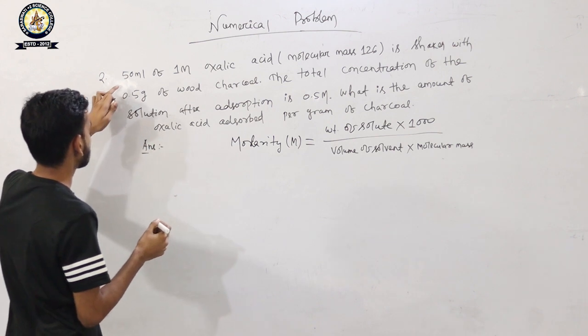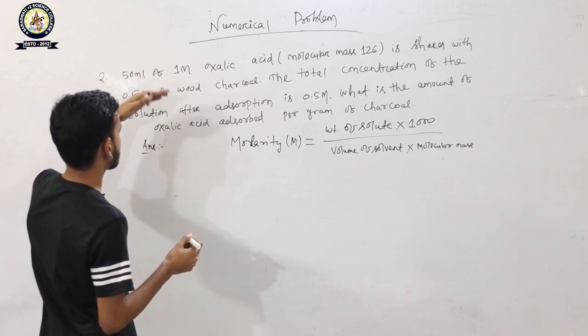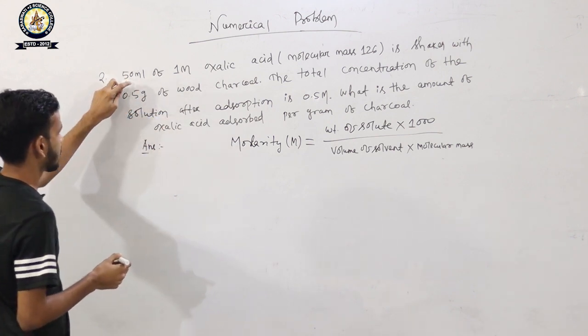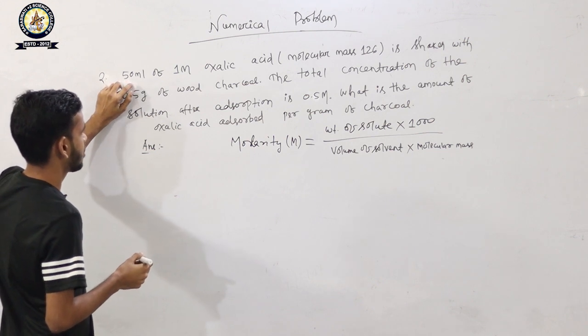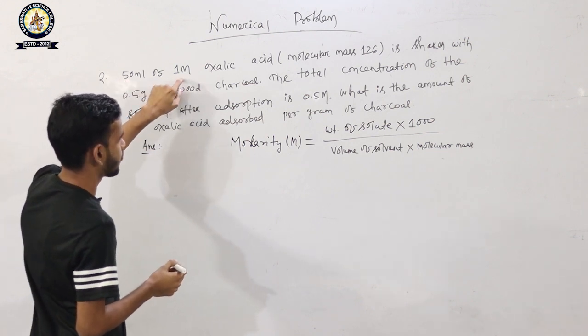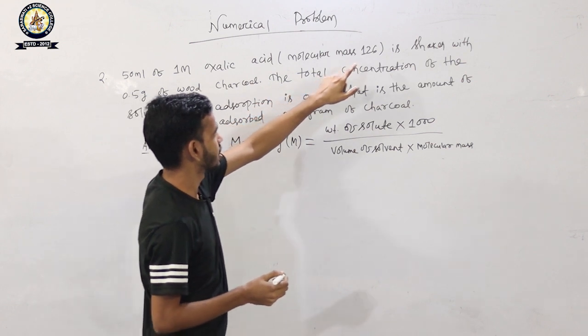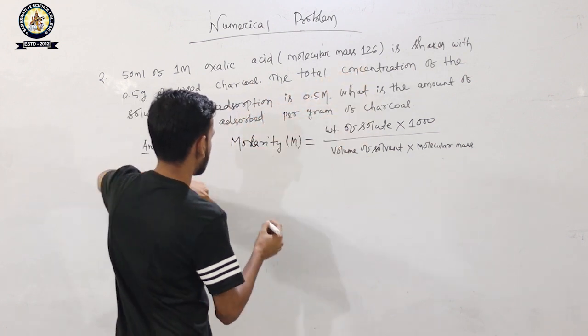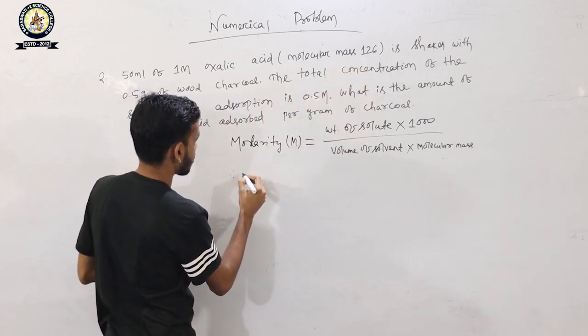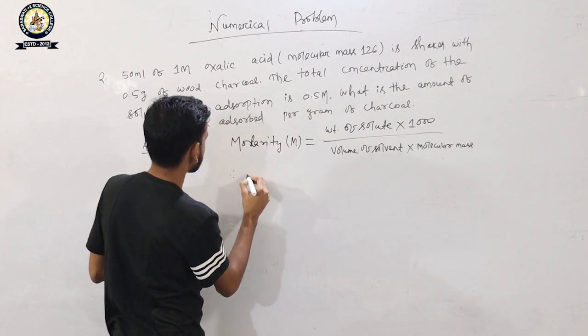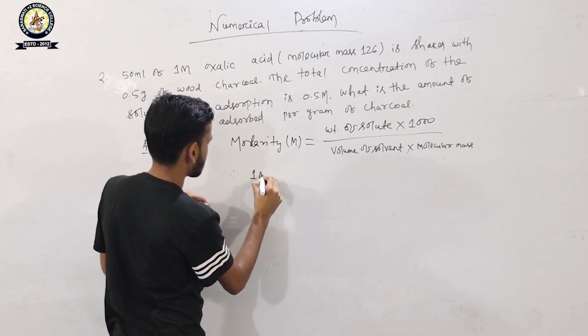Before the adsorption, the volume of the solvent is given, that is 50 ml, the concentration is given, that is 1 molar, and the molecular mass is already given, that is 126. So if we plug in all those values, the molarity is 1 molar.